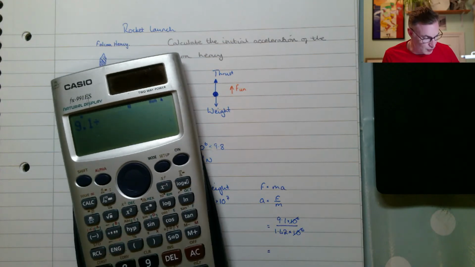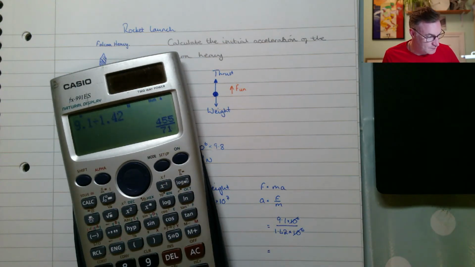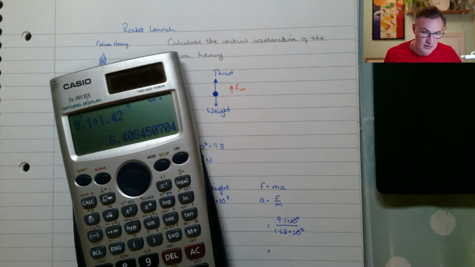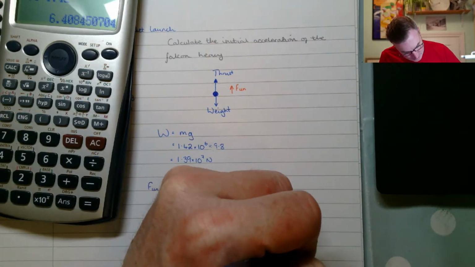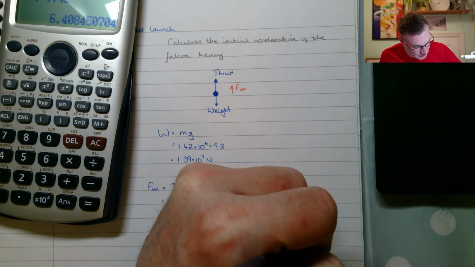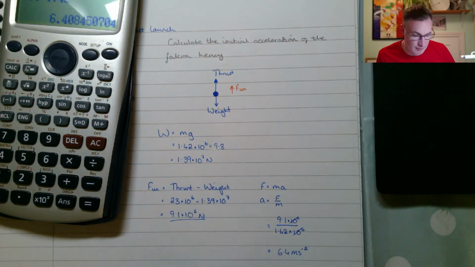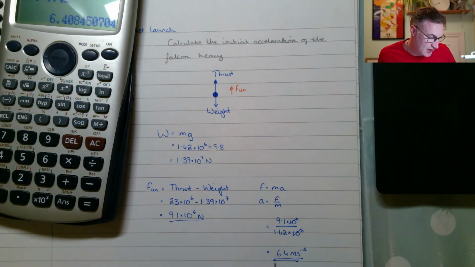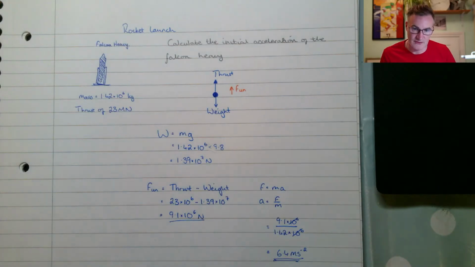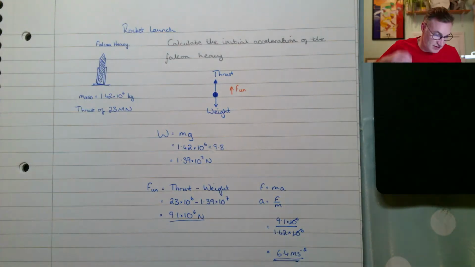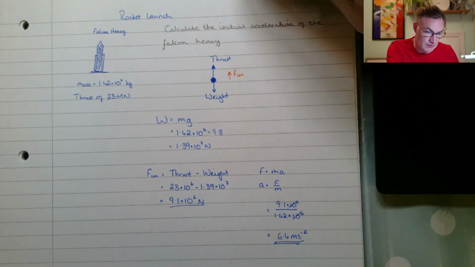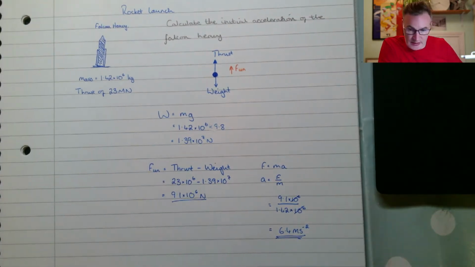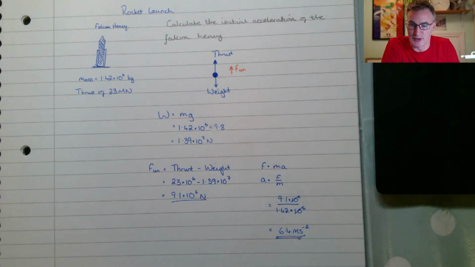So 9.1 and 1.42, and we will get 6.4 meters per second squared. So the initial acceleration of the Falcon Heavy rocket as it takes off, as I say, I found these numbers out from Dr. Google, it gives us 6.4 meters per second squared.